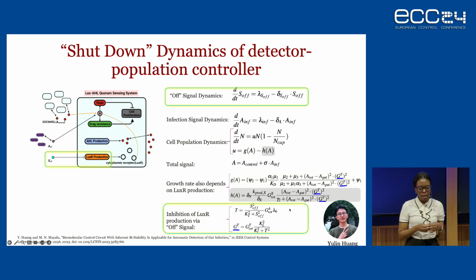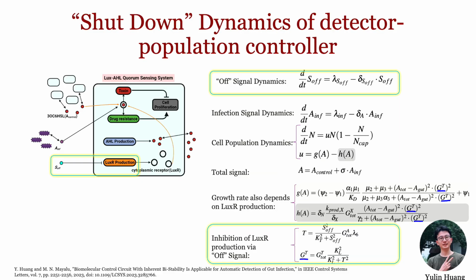Lastly, I want to briefly describe how the dynamics for the off switch, or the complete elimination or removal of the cells, occurs. This is done by shutting off the sensing connection for the cells. For our specific configuration, if we shut off the ability for the cells to sense any signal, the cells won't be able to produce drug resistance or any toxin.